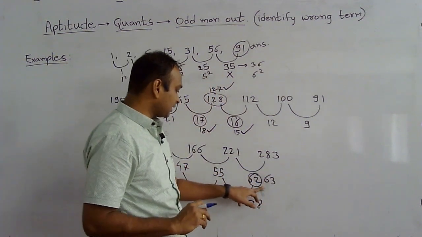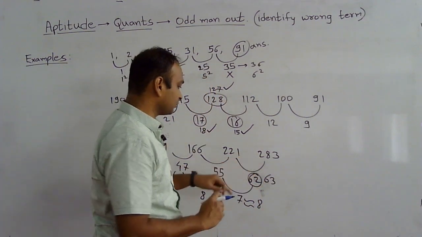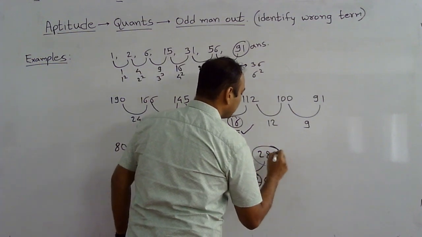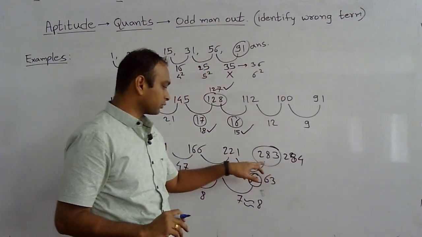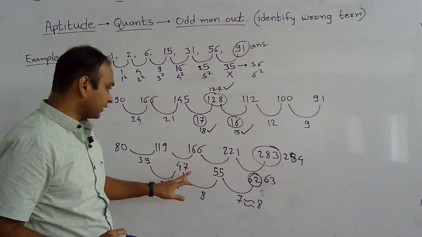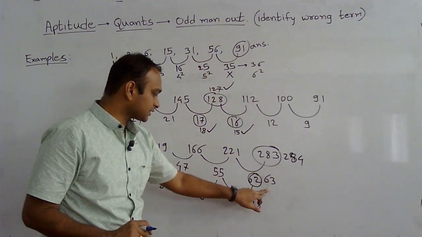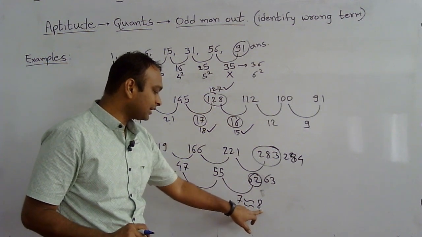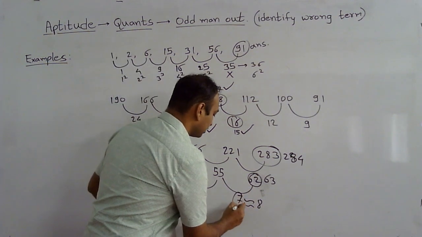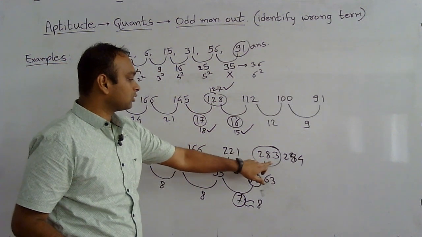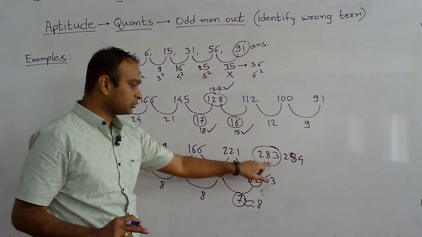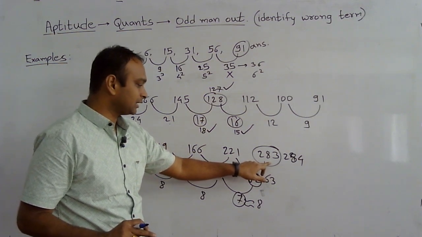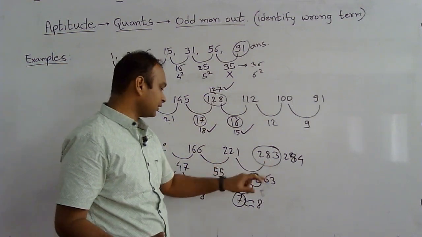To make this 63, we can add one more here, and that could be 284. So there is something wrong with this number, and if it is 284, the difference will be 63, and this difference will be then 8 instead of 7. This is wrong. So as per this logic, this is the odd one out, right? 283 is the odd one out, and that should be the answer.